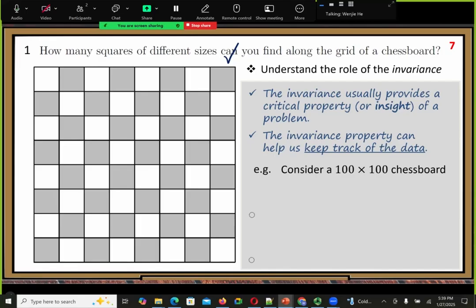With this larger chessboard, definitely it's hard to draw on paper. So you can only use your imagination. In your mind, you draw that 100 by 100. But you need to answer questions. The question is, how many squares are of the size 37 by 37?